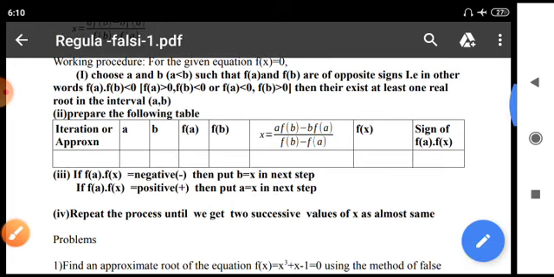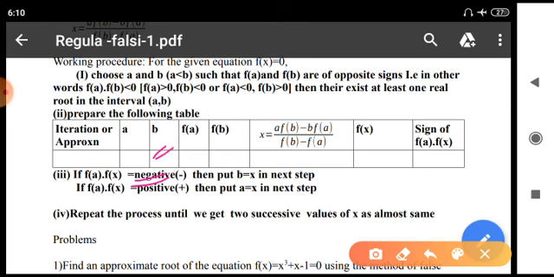Now the third step, which is very important. If the product of f of a and f of x is negative, then in the next approximation, we have to write the x value under the column b. If f of a into f of x is positive, then you have to write the x value under the column a.